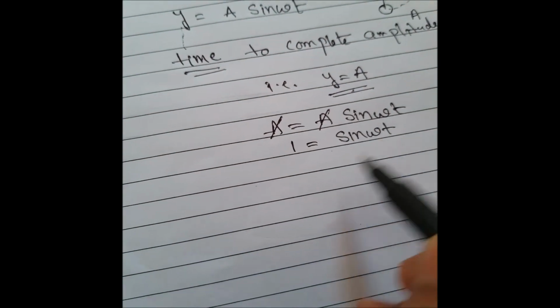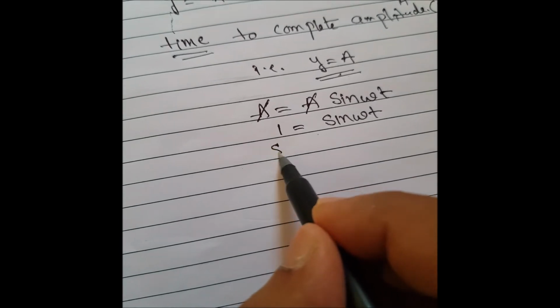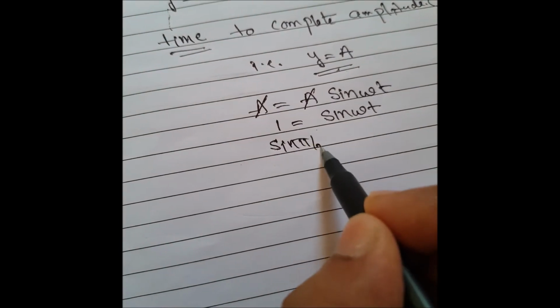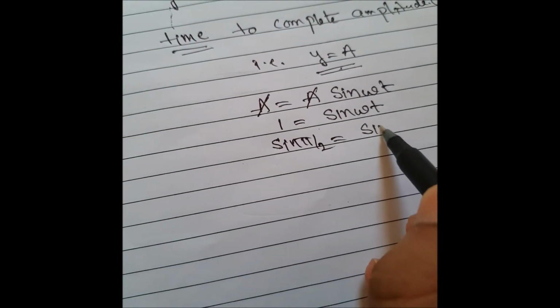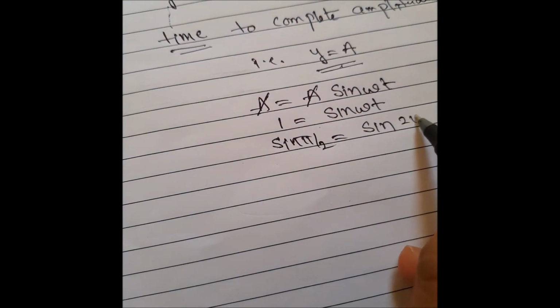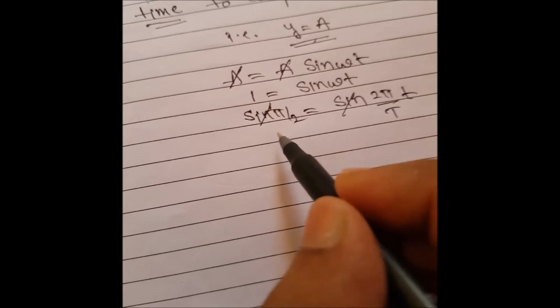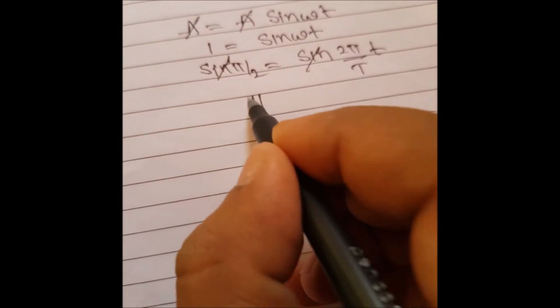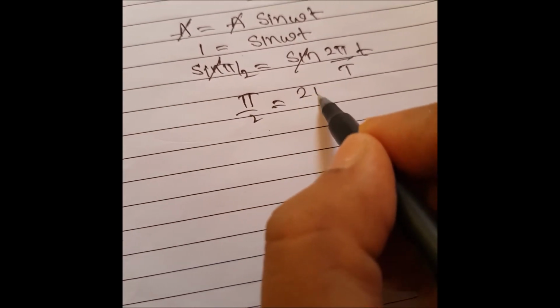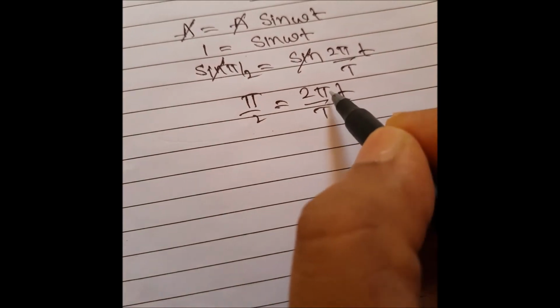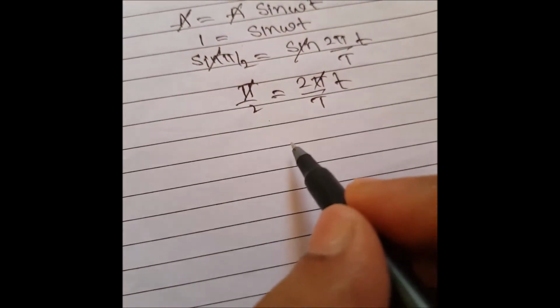Sin omega t is written as sin pi by 2, where omega is 2 pi by T into t. Sin is cancelled. Then pi by 2 equals 2 pi by T into t. Pi is also cancelled out.